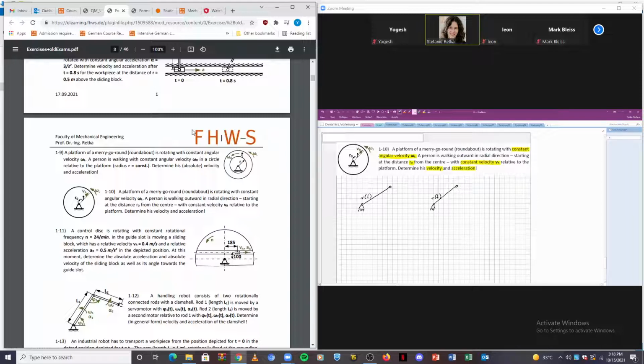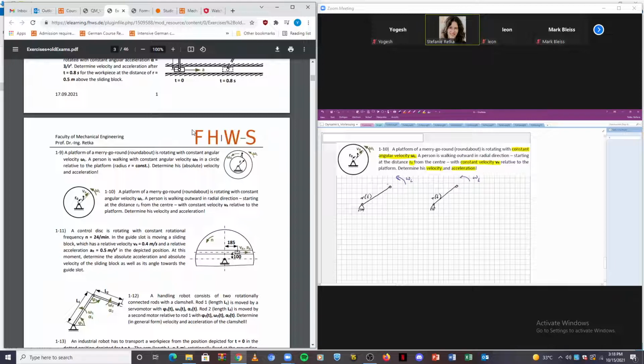And then our leading velocity, the simple motion that we can describe as an outside observer, is the rotation of the platform. The platform rotates with omega L, with constant angular velocity, meaning that the leading angular acceleration is 0.